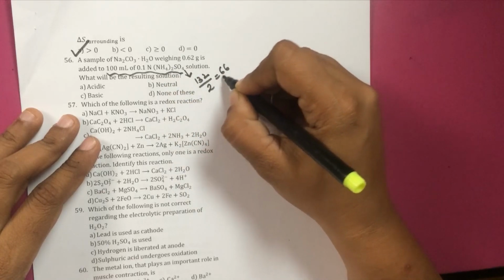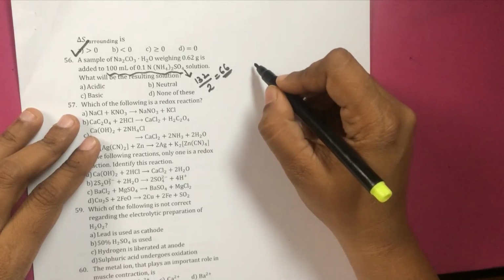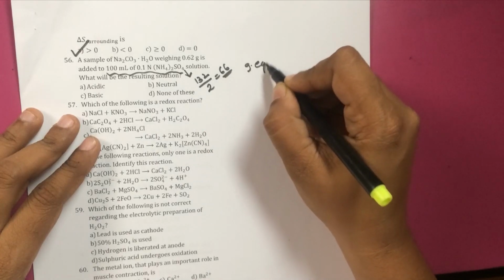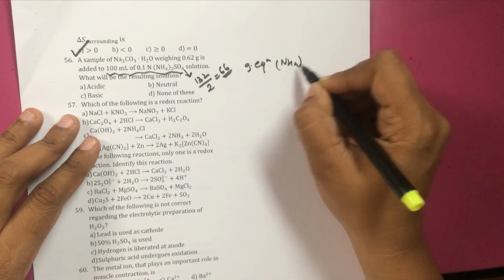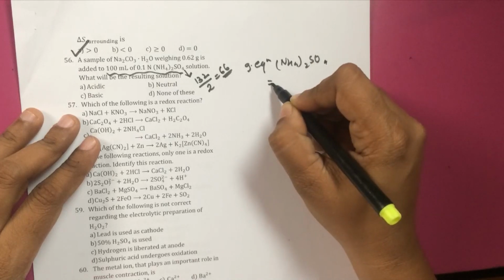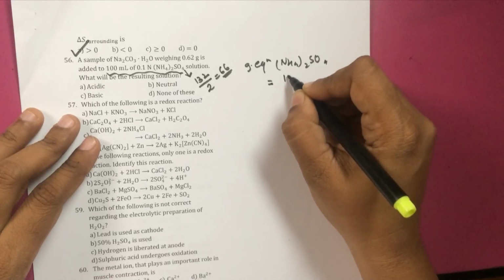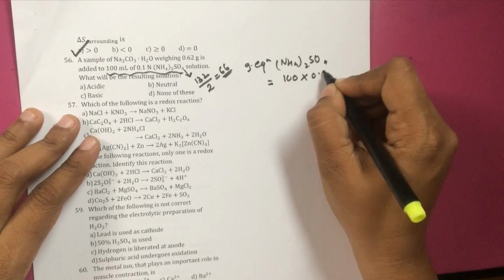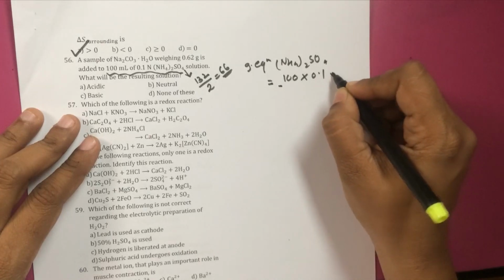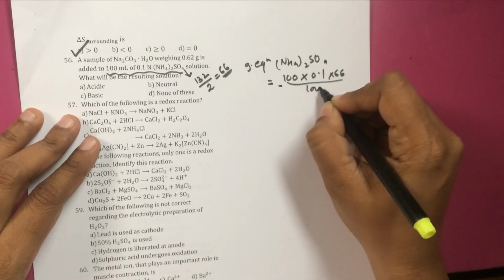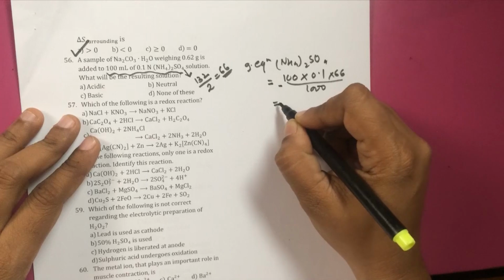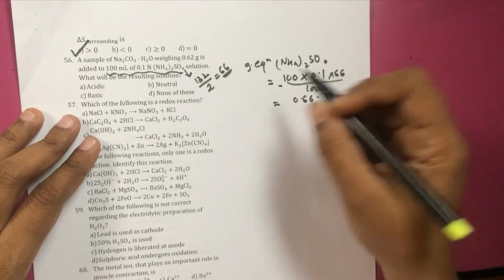So 66 is the equivalent weight of this. Therefore, the gram equivalent of ammonium sulfate is 100 into 0.1 into 66 divided by 1000. So that comes out to be around 0.66.